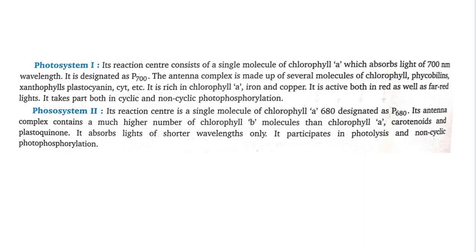So you can see the difference between photosystem 1 and 2: in photosystem 1 the reaction center is a single molecule of chlorophyll A which absorbs light of 700 nanometers wavelength, and in photosystem 2 it is a single molecule of chlorophyll A 680, designated P680, and it absorbs light of 680 nm. Okay, so these were the two differences between photosystem 1 and photosystem 2.